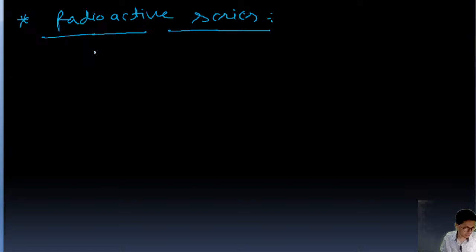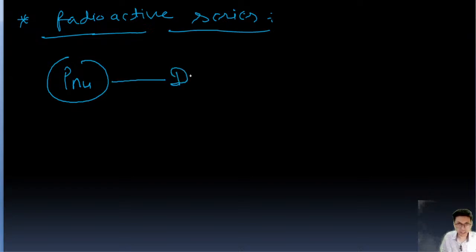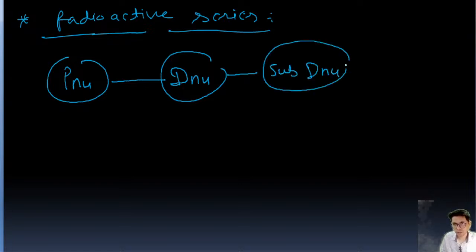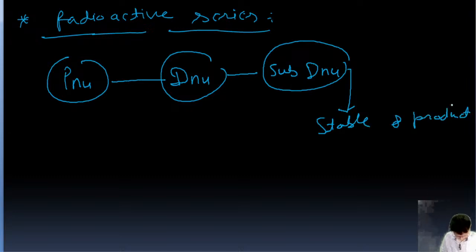Like parent nuclei, I'm writing parent nuclei with P. Parent nuclei will become daughter nuclei, right? And then daughter nuclei will become sub daughter nuclei. Okay, and then it will become a stable end product.